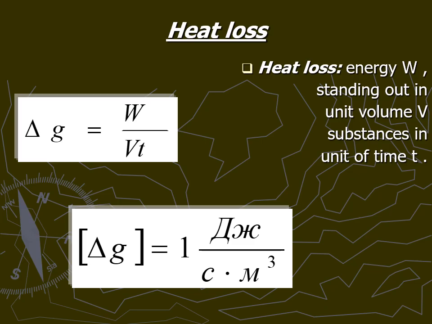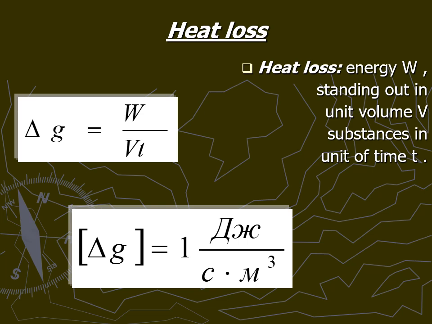That is, the heat losses are equal to the energy that is released divided by the volume in which this energy is released, and by the time during which the release occurs. The unit of measurement in this case will be 1 Joule divided by 1 second and by a cubic meter.